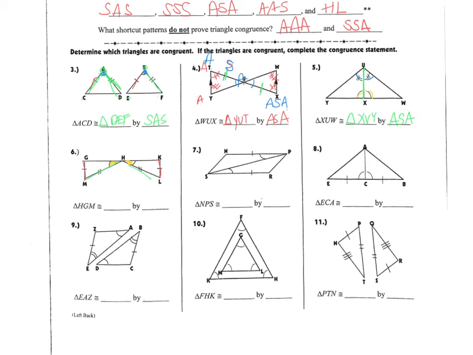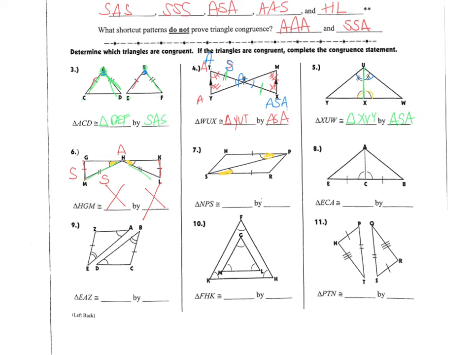What we actually have here is side, side, angle, and so therefore that does not show congruence. That's one of our shortcut patterns that does not prove triangle congruence, so we do not have any congruence with that set of triangles.